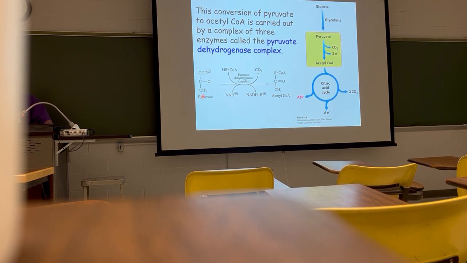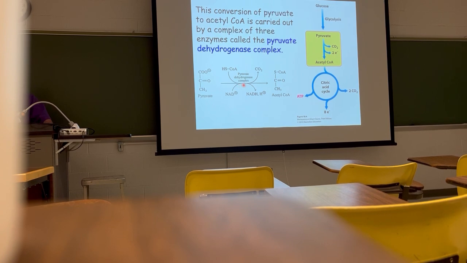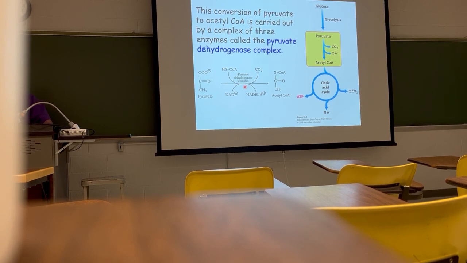Here's the reaction. So here's pyruvate, the structure you already know. Coenzyme A is used to transfer that 2-carbon unit to make acetyl-CoA. At the same time, there's a reduction of NAD to NADH accompanied by oxidation of the molecule to get acetyl-CoA.